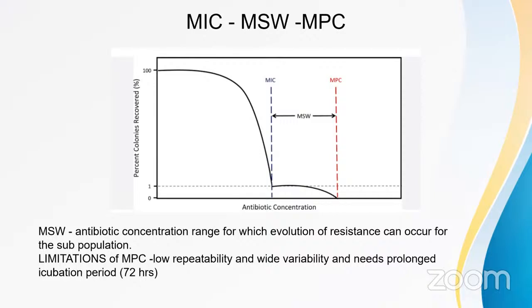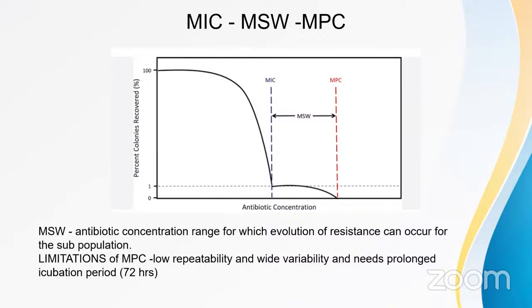In this graph, you can see antibiotic concentration on the x-axis and percentage of colonies recovered on the y-axis. At the MIC, only 1% of colonies is recovered. But at the MPC, the red line, it's totally inhibited, so 0% is recovered.